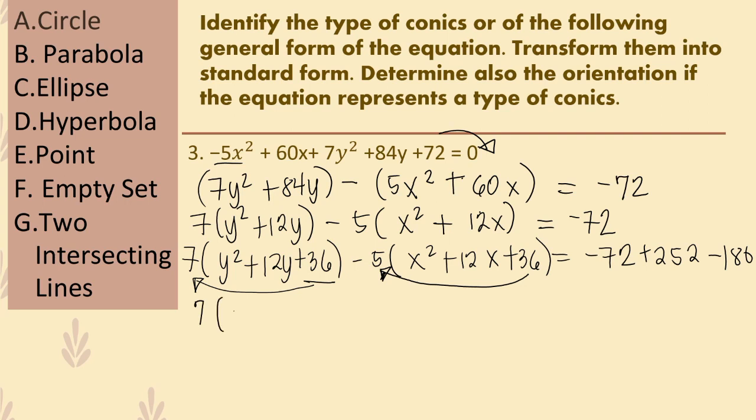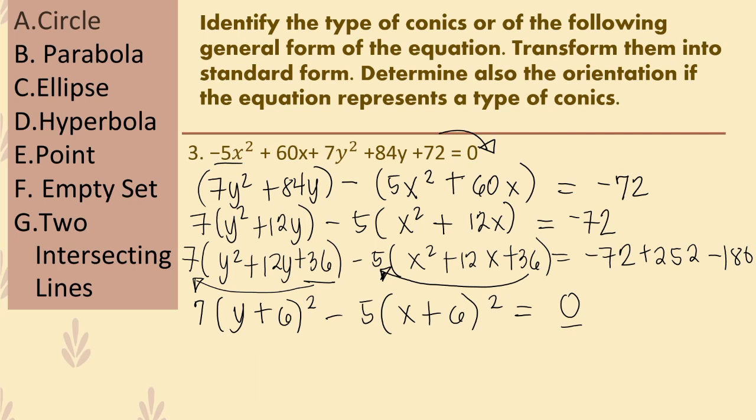Square root ng y squared is y. Plus 6 squared minus 5 times x plus 6 squared is equal to negative 72 plus 252 is positive 180. Then, 180 minus 180 is 0. So, mapapansin nyo, nag-0 siya.